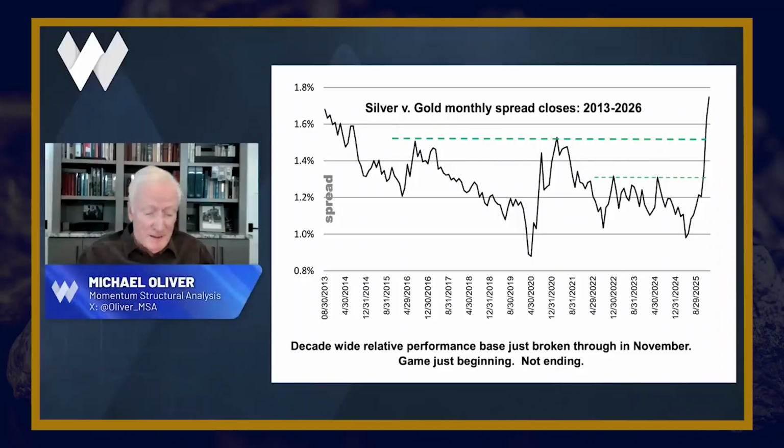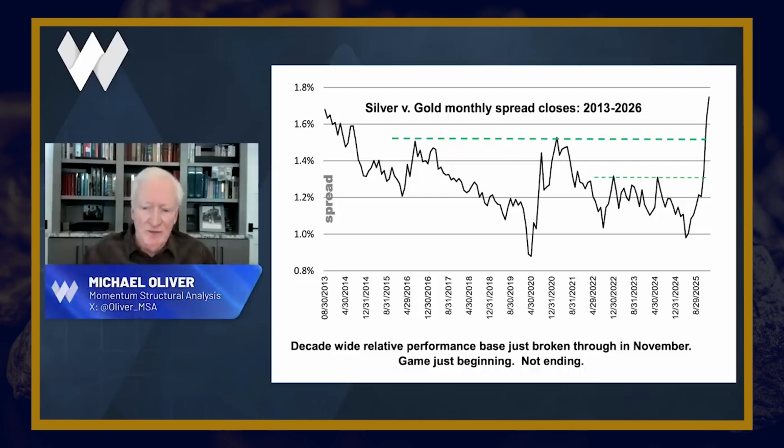Anyway, during the year last year, as we turned up, but especially after that November close, when we plotted that chart, you blew through a ceiling on that spread chart. If you plot each month's close, there was a clear multi-point ceiling that kept stopping all the rallies in silver versus gold.